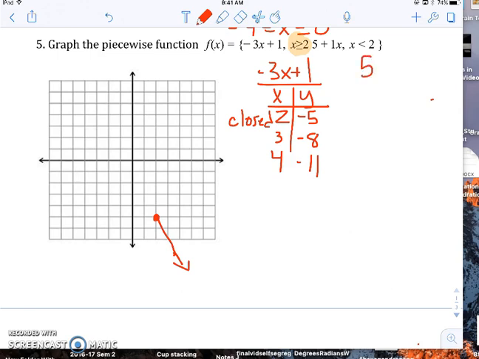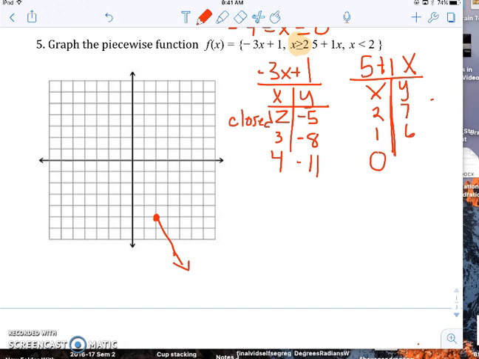And then we have 5 plus 1x. It's for x less than 2, but we'll still put 2 in this table. So 1 and 0. So 5 plus 1 times 2, so that would be 7. 5 plus 1 times 1, so 6.